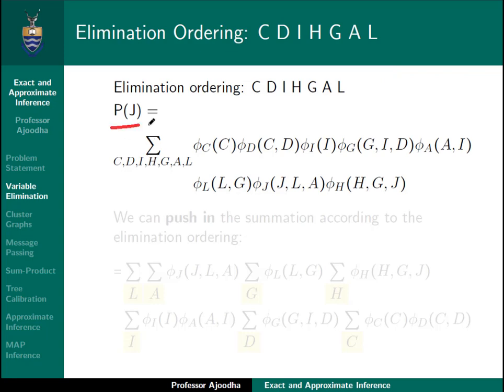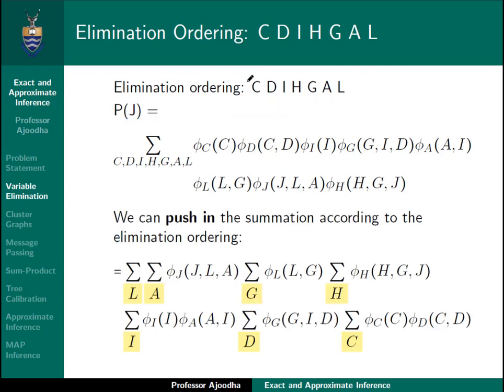To calculate the probability of J, we need to sum out all of the variables excluding J from the factorization of the joint distribution. Remember, this ordering I told you is important, so we're going to put the ordering down here, and we need to make sure that when we are doing the variable elimination algorithm we eliminate the variables in the correct order.